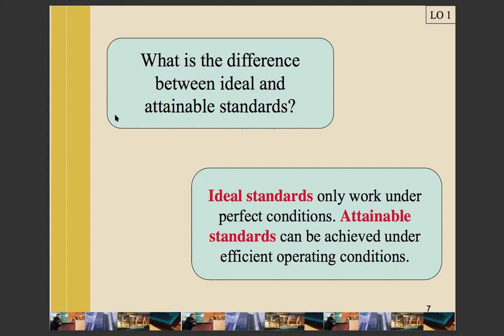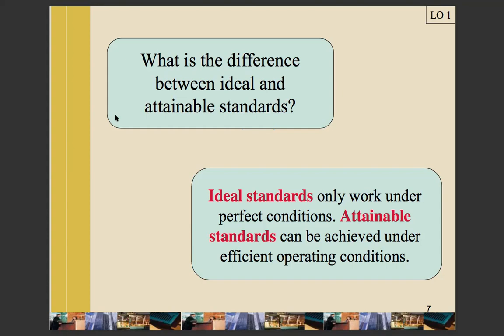Of the two types, the currently attainable standard offers the most behavioral benefits. Because if the standards are too tight and never achievable, in the real world workers will become frustrated and it will affect performance, so the performance level will decline.